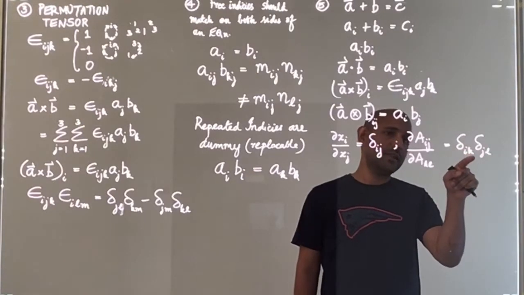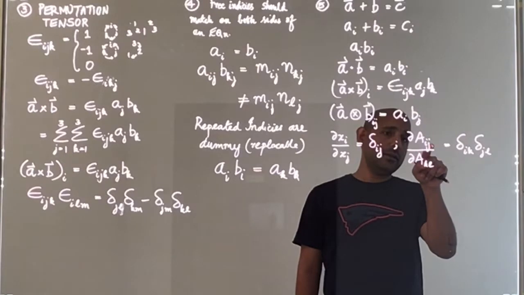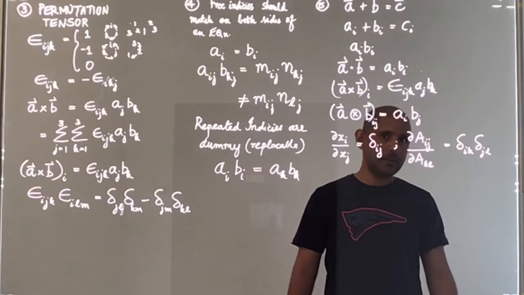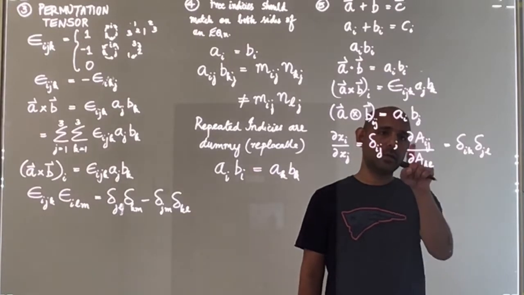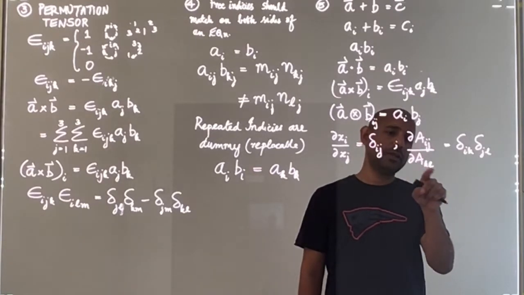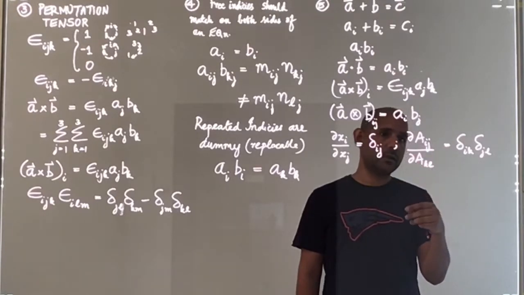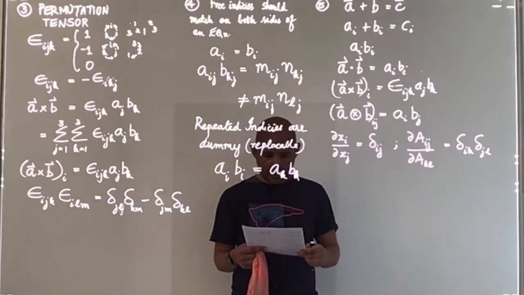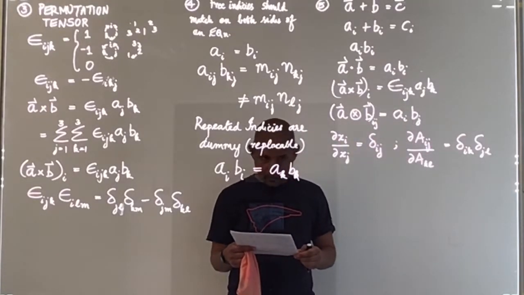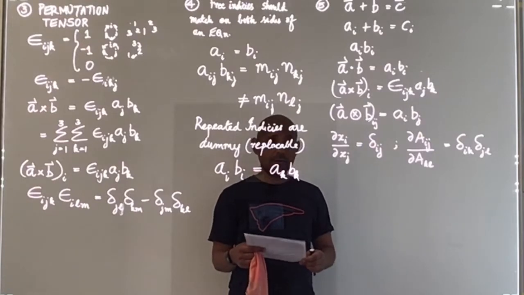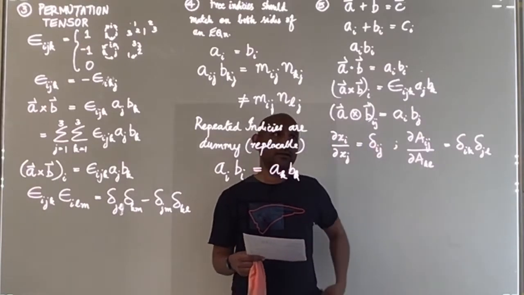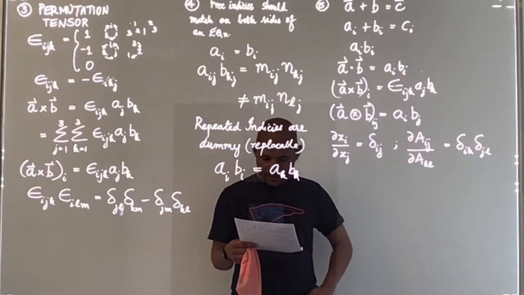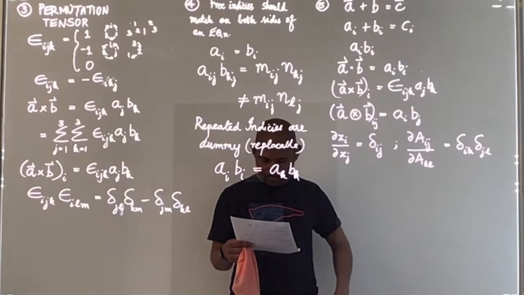Which is a statement that when i equals k and when j equals l, only then it's equal to 1. So a_12 with respect to a_12 is 1, a_12 with respect to a_13 is 0, etc. And this can be chained for any higher dimensional objects. Okay. So those are some basic rules. So let's put them into action.